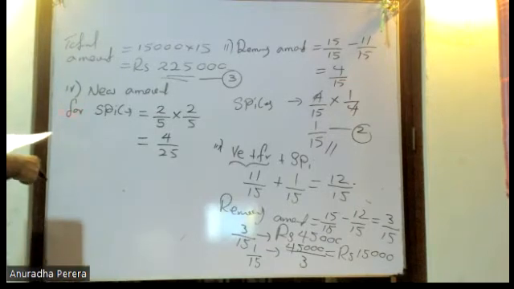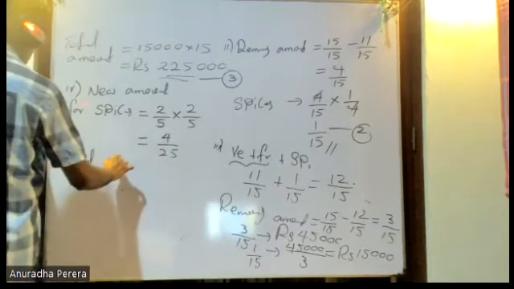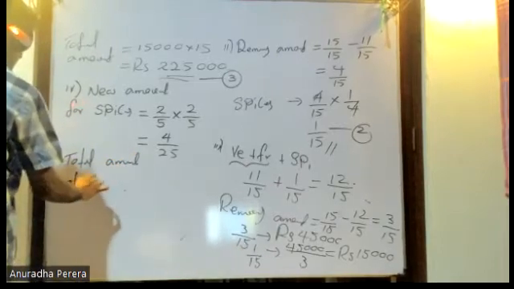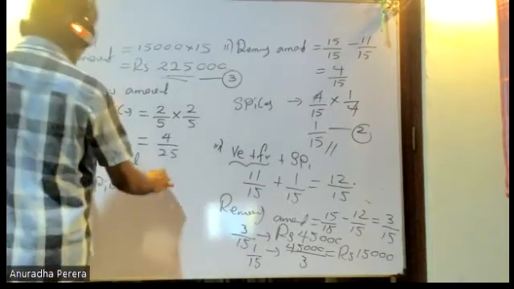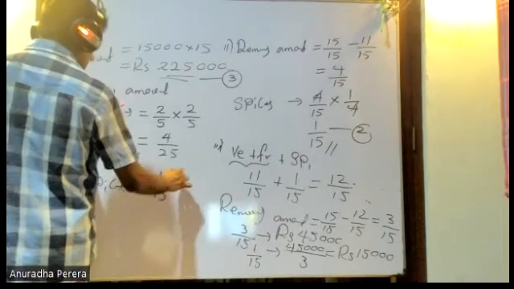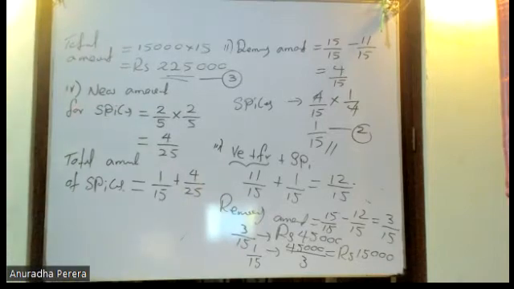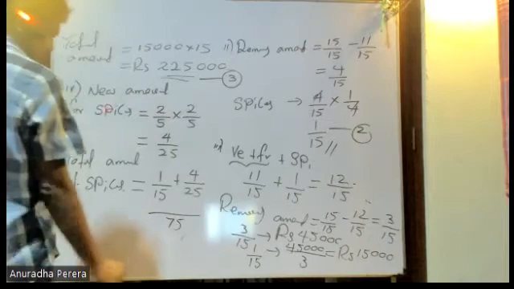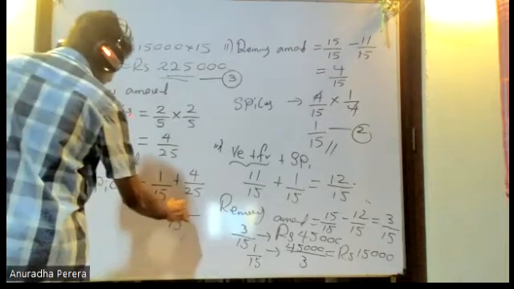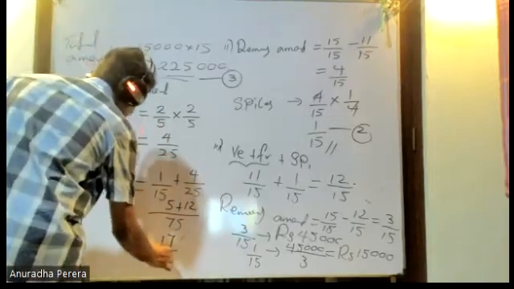Then you can determine the total amount for spices. Previously it was 1/15, plus 4/25. The common denominator is 75, so 5 plus 12, giving 17 over 75 as a fraction.